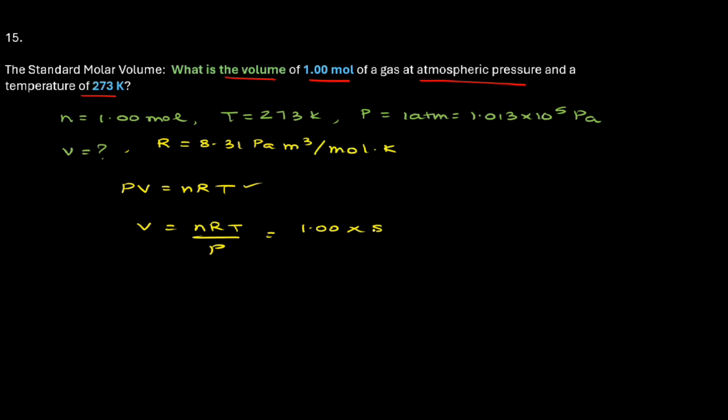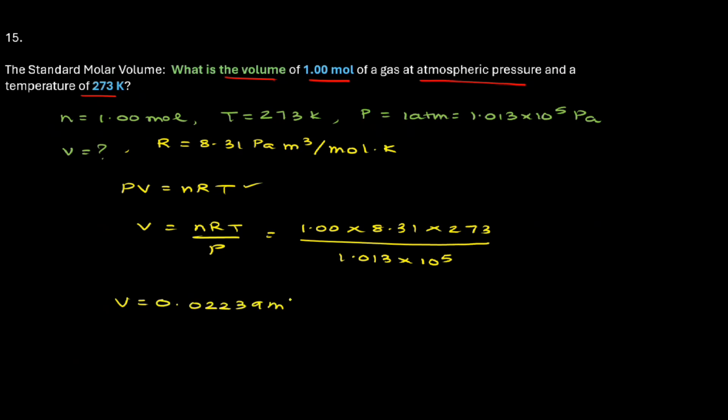So substitute for R, 8.31. Temperature is 273 Kelvin over the atmospheric pressure, which is 1.013 times 10 to the power 5. Now, when you solve this, you get the volume of the gas to be equal to 0.02239 meter cube, which you can round off to 0.0224 meter cube.